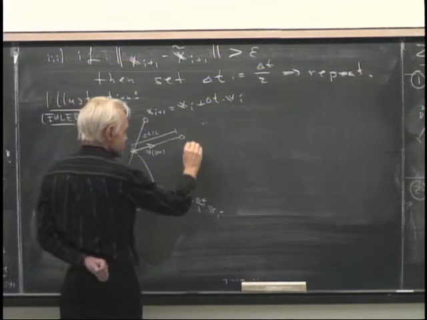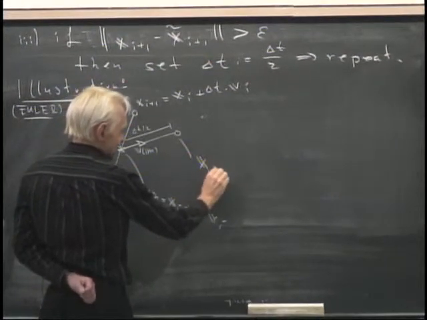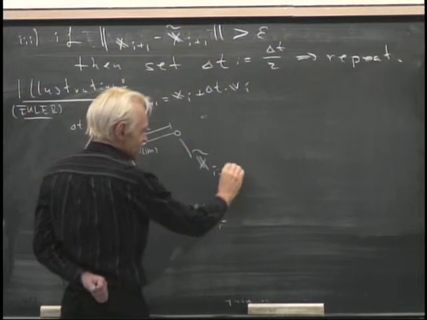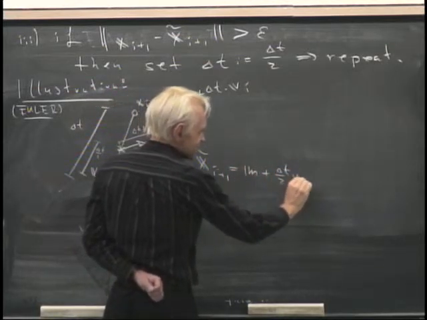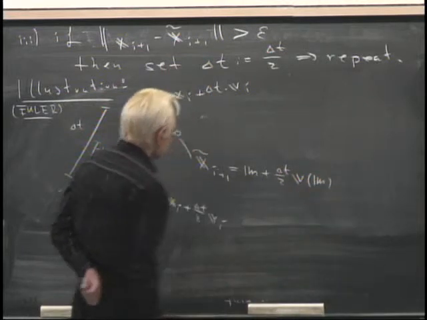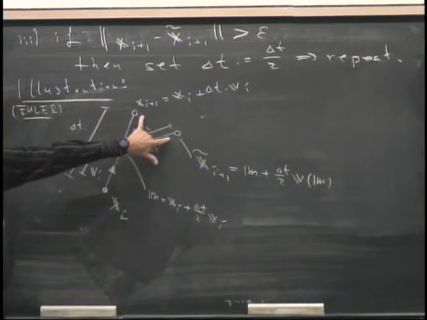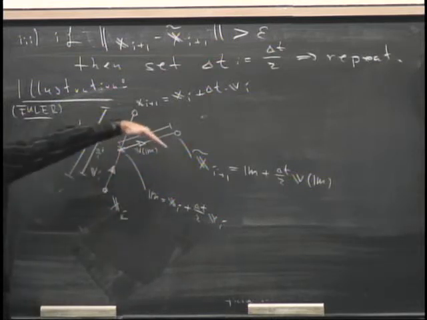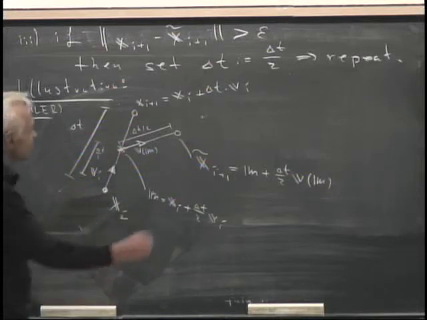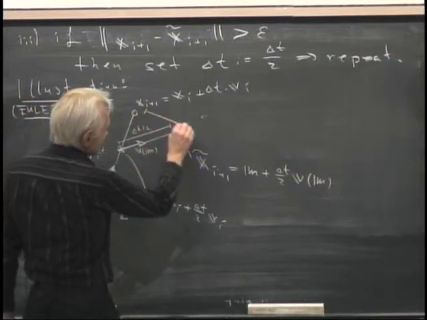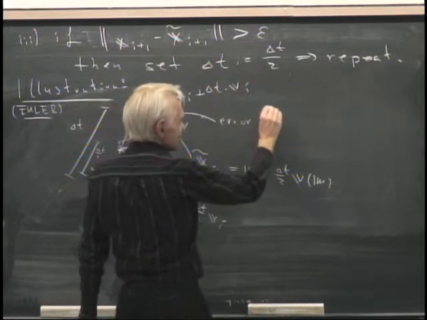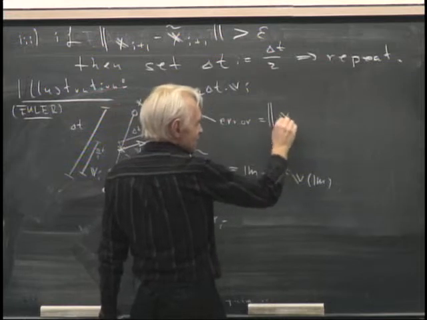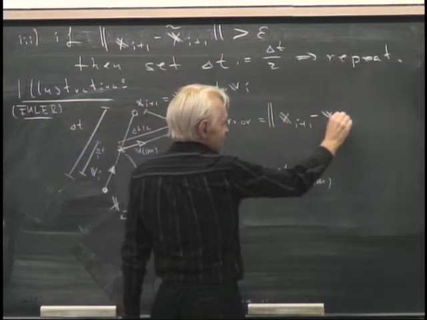And this point is xi plus 1 tilde, the way I've called it before, which is my m point plus delta t over 2 times the velocity at this m point, at the midpoint. And in the ideal world, these 2 points would be the same, then there is no error. Unfortunately, the way I've drawn it, because the vector field changes, there is an error. So here is the error. This is the error. So the error is this difference, the length of this difference vector, xi plus 1 minus xi plus 1 tilde.